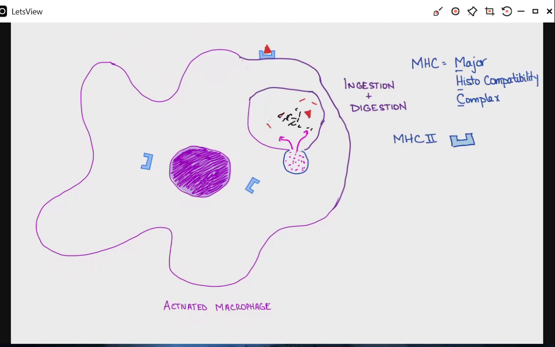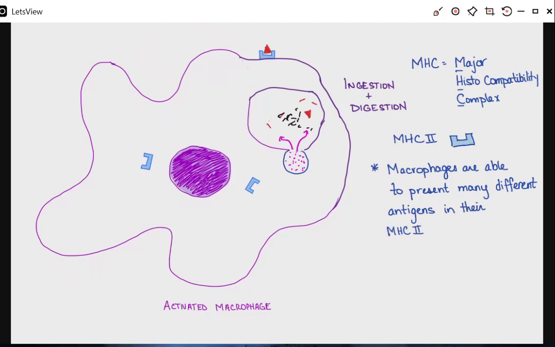Now, one thing that's interesting about macrophages is that they can present many different antigens. And once a macrophage starts presenting antigens in MHC II, again, we would call that an antigen presenting cell.